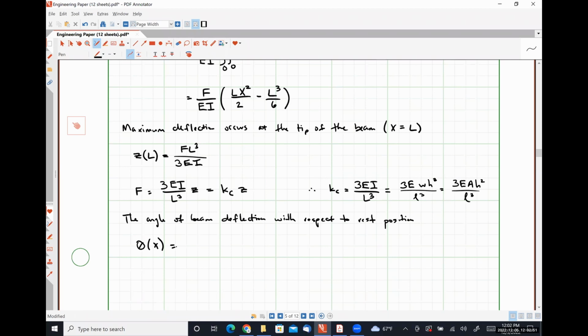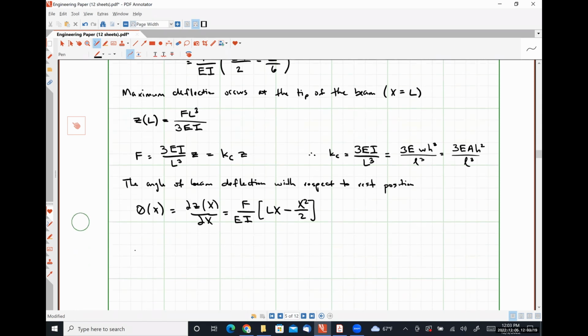This again depends on where we're looking for it, is the first derivative of the beam displacement, and this is going to be F over EI times Lx minus x squared over 2.